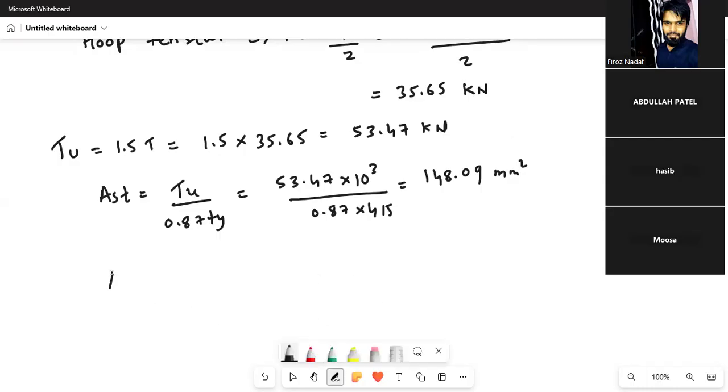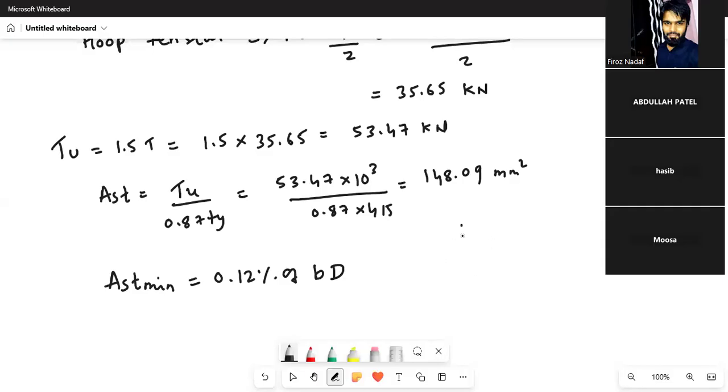So here also AST minimum, this is just like a slab. The design of bunker is just like a design of slab. AST minimum for the slab or for the bunker is 0.12% of B into capital D. We don't know the thickness of the side wall, so you can assume it.